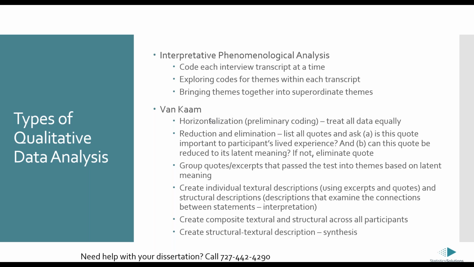Van Kaam or modified Van Kaam is another type of phenomenological analysis that, again, uses this coding and reduction into categories, but it just has some fancy language. So preliminary coding is called horizontalization, and for reduction and elimination, you follow these two questions, eliminating any coded passages, and then you start grouping passages together.